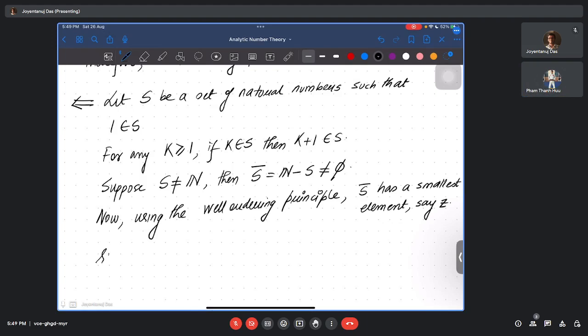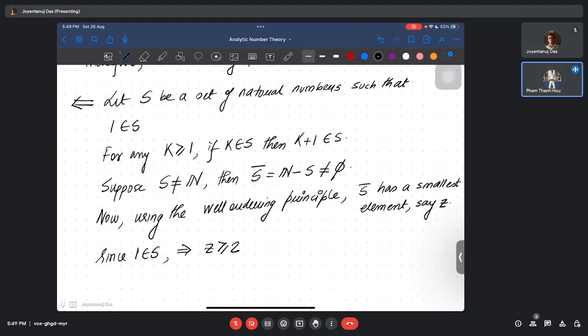So suppose Z is the smallest element. Now, since 1 belongs to S, 1 cannot belong to the complement. So this implies that Z must be at least 2, right? So Z minus 1 is greater than or equal to 1.